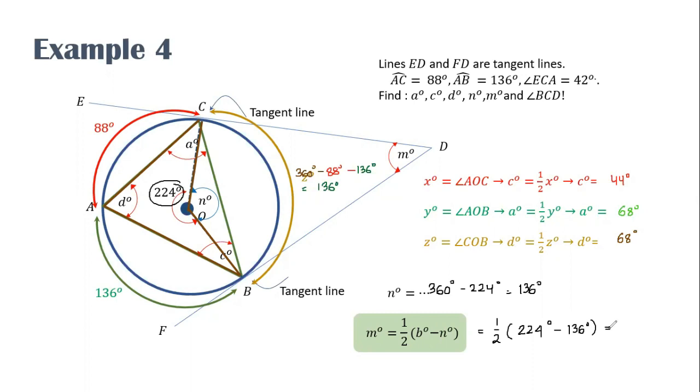So m degrees is half of 224 degrees minus n degrees. Half, open the bracket, 224 degrees minus 136 degrees. We get m degrees is 44 degrees. Is it clear to you, everyone? Okay, very good.